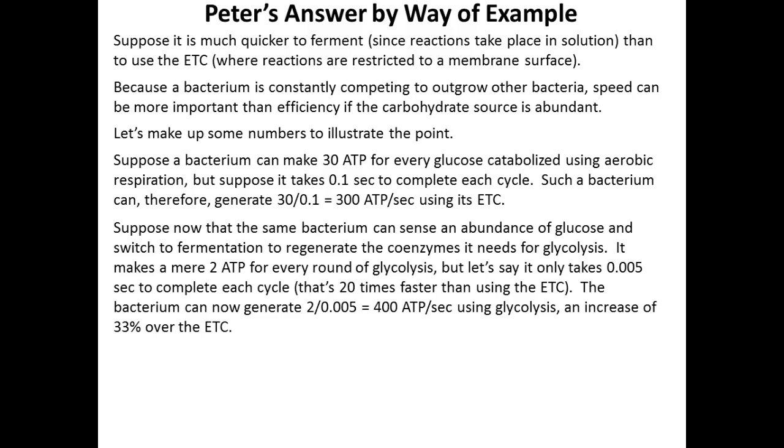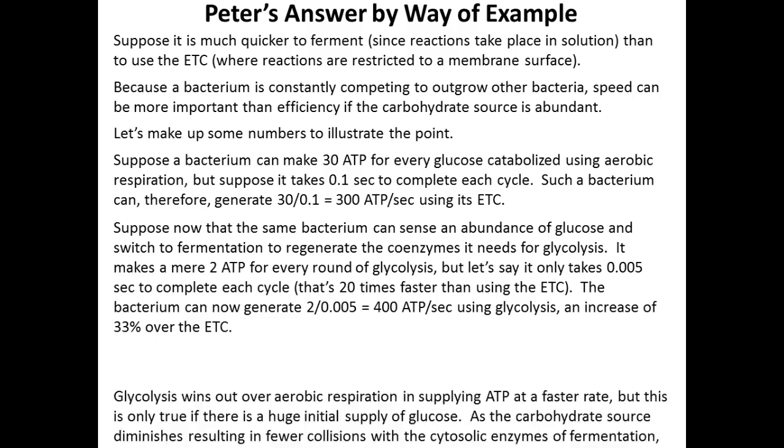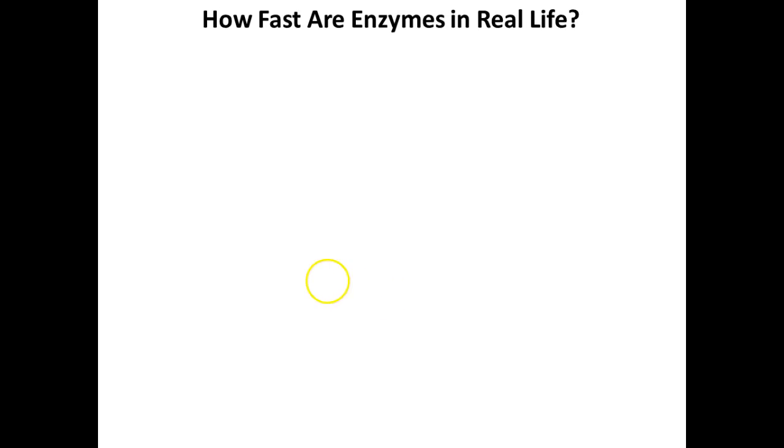And again, for these organisms, especially facultative anaerobes, being able to still survive in an anaerobic environment is better than dying, right? But again, depending on how much sugar is available, it's going to affect their growth, right? They'll grow slower if there isn't a lot of sugar. If there's a lot of sugar, they could actually even outcompete some of the aerobes because they can do it so fast. Does that make sense to you guys?